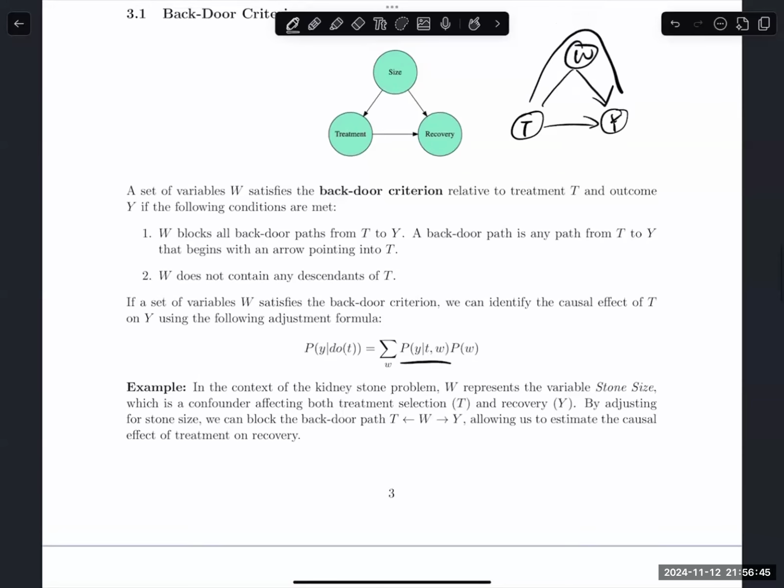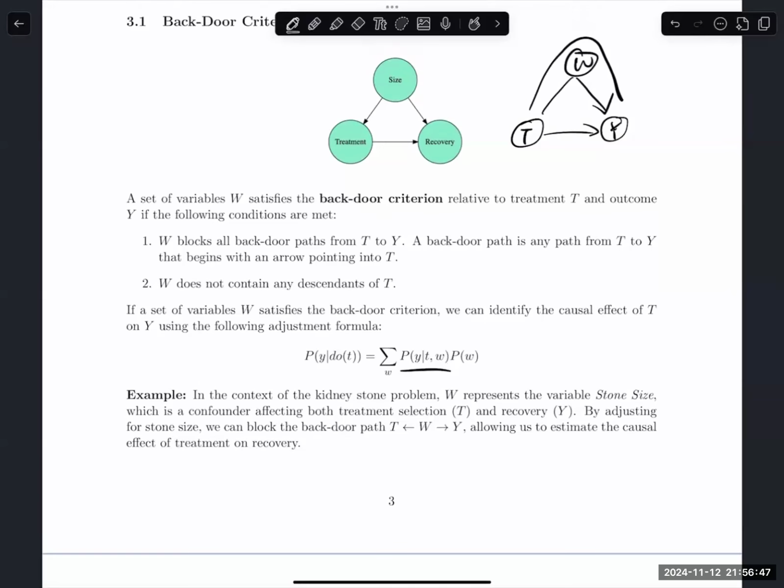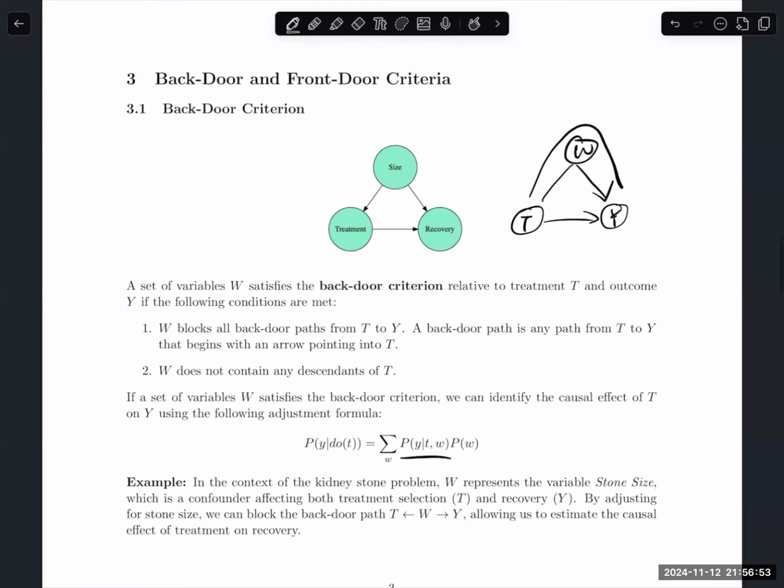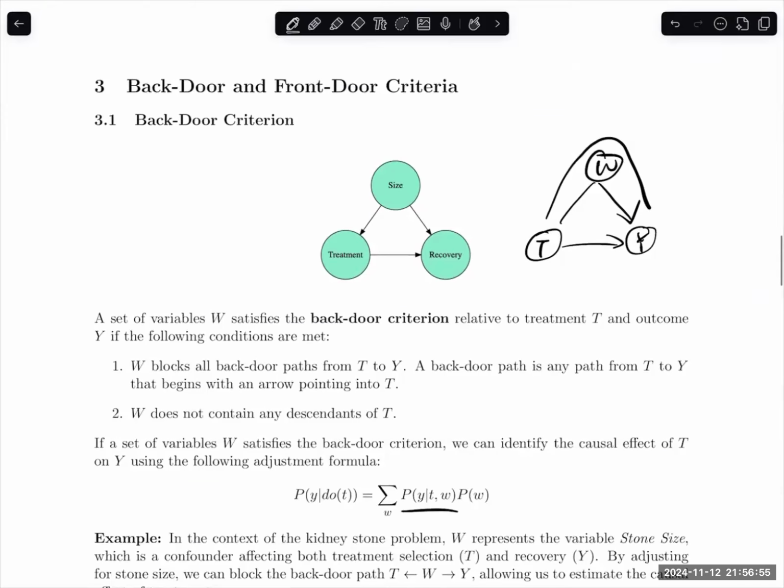So let's connect this back to the example that we talked about before, the kidney stone problem. In this example, the variable representing the stone size acts as the confounder, and the stone size affects both the treatment selection T and the recovery.